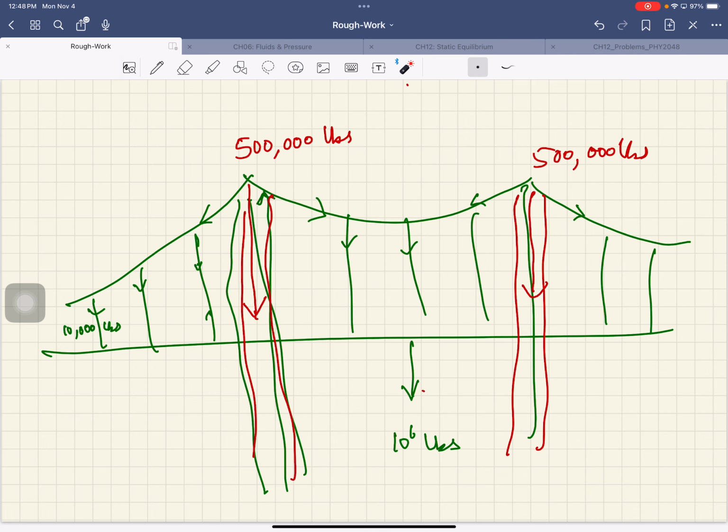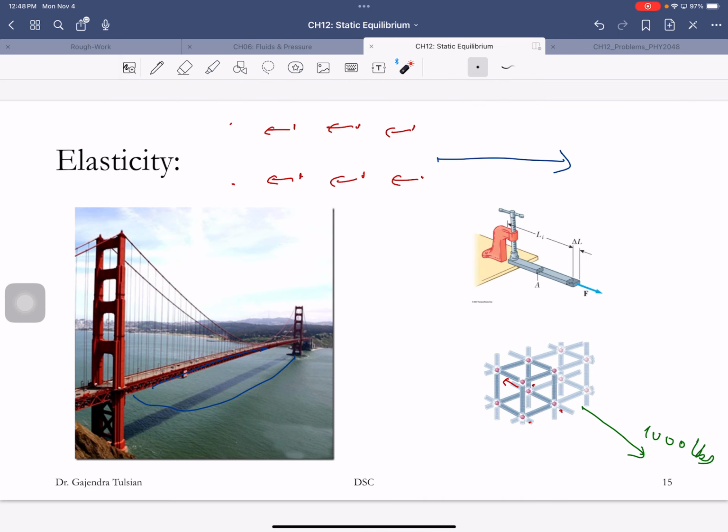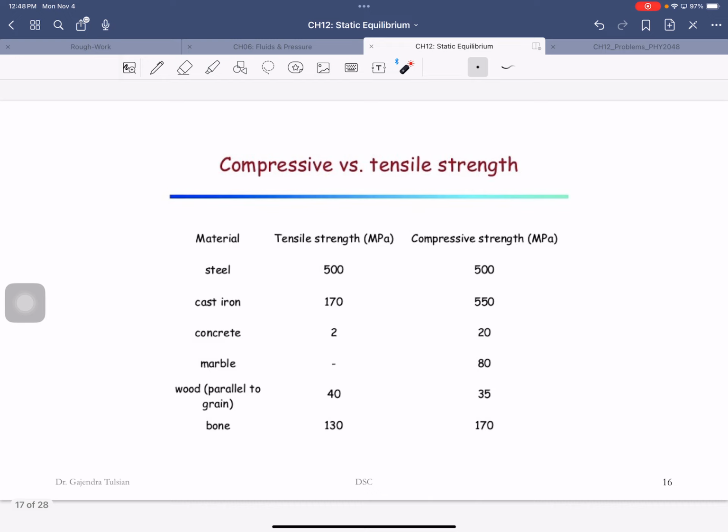And look at the bone, it's also stronger under compressive strength. Marble is polycrystalline, so its tensile strength varies, and you can't give a standard value.